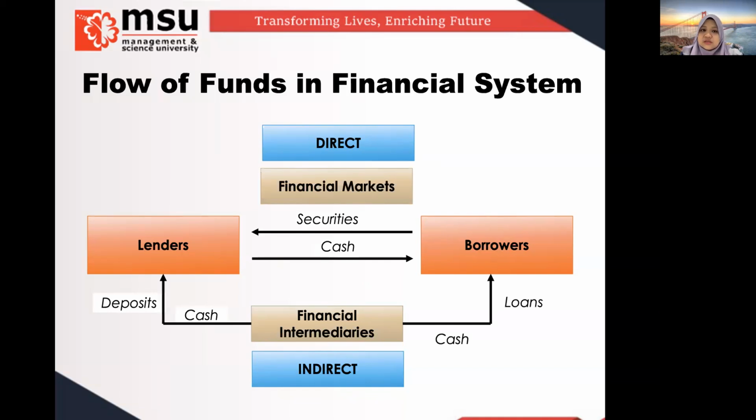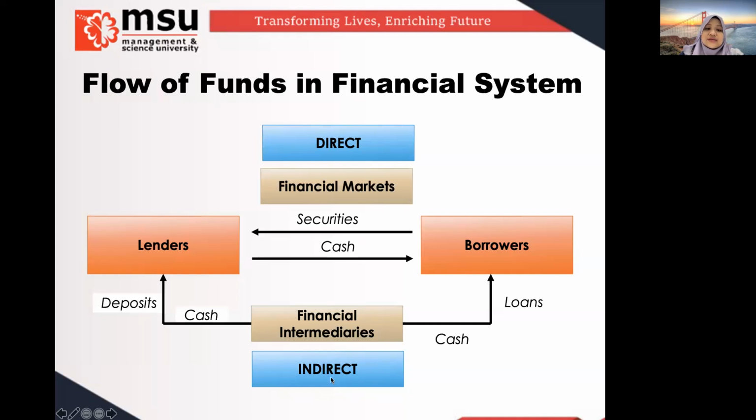It depends on the contract, how much is the return that will be given to the lender. So that is the direct market, direct interaction between lenders and borrowers.